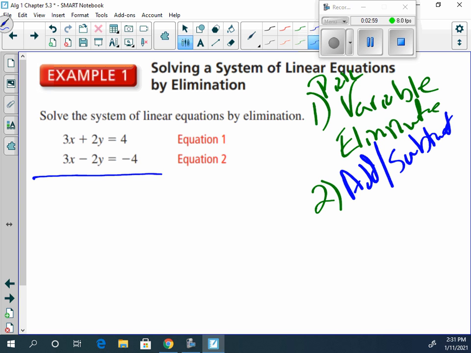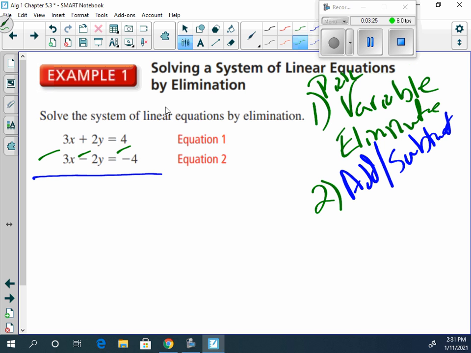So looking at this here, say I added all the way across. Well, 3x plus 3x would be what? 6. What's 2 plus negative 2? 0. So if the signs are different, we have the same number, and we add, they cancel out, yes? Say we subtracted.